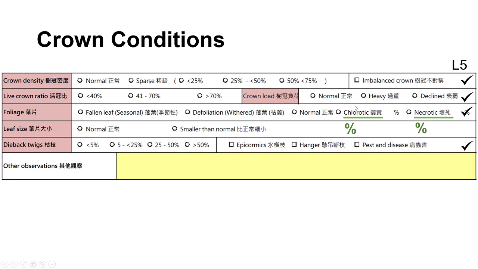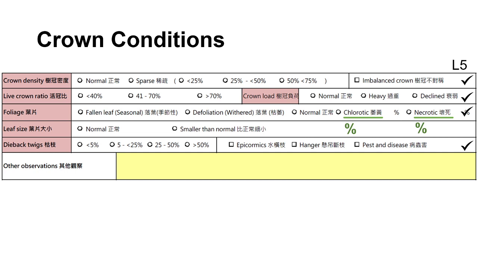If you check the box chlorotic as well as the box necrotic, remember you need to specify the amount of foliage or leaves and twigs and branches which are affected by these conditions. If you just check the box without specifying the percentage, then it is a wrong practice.